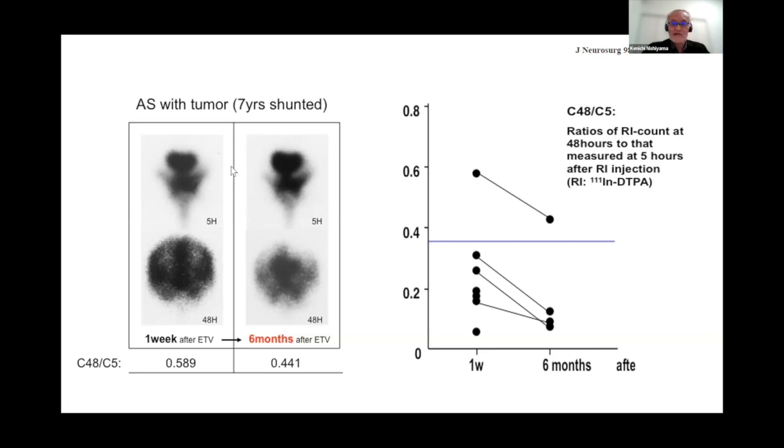Here, we checked the ratios of the RI count at 24 hours to that measured at 5 hours after RI injection from the lumbar puncture. The result revealed that CSF dynamics are still changing during half a year after converting into shunt independency. So even now, I think it is impossible to measure the so-called CSF absorption capacity before ETV.